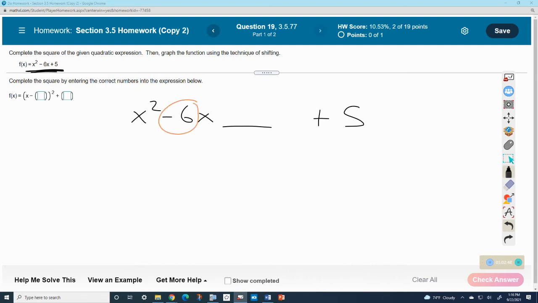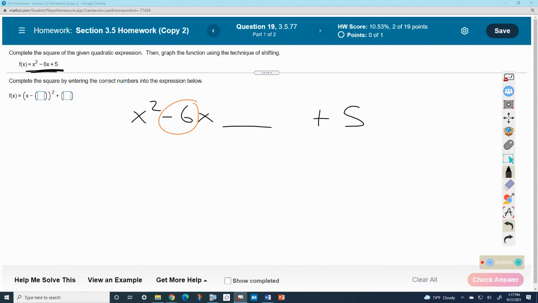Does anybody remember? You divide it by 2, and then square it. So cut it in half and square it. That's how you complete the square.